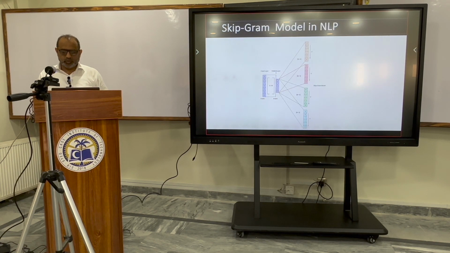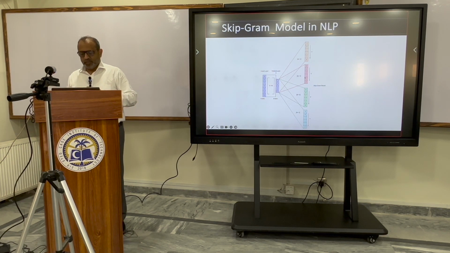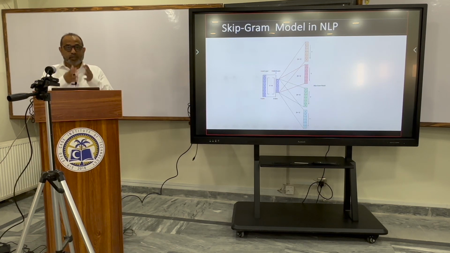The other technique is skipgram. Skipgram is, for example, I sat on a couch, okay? So for on, it says sat and couch, and for sat, it says the words on, I. So with the neighbors, it will create this vector, okay?